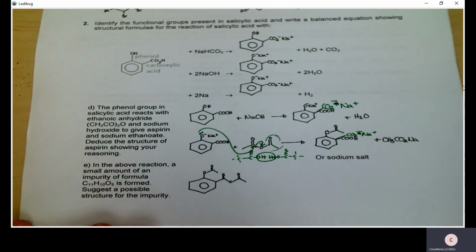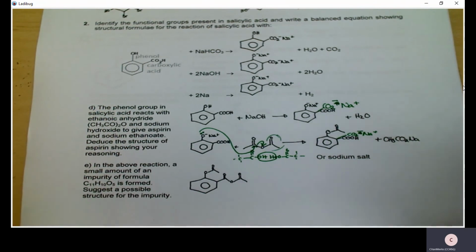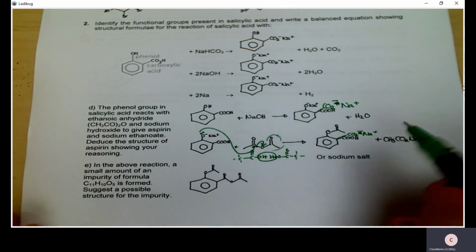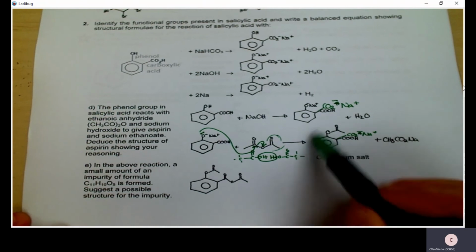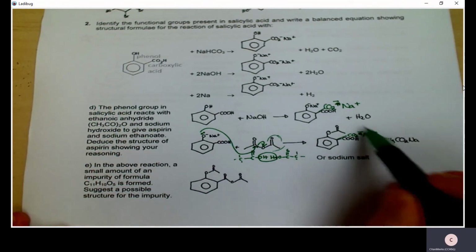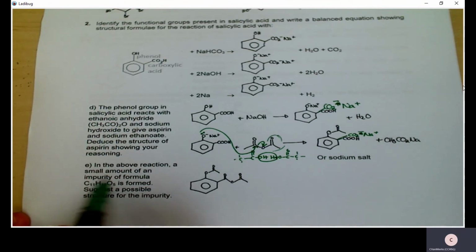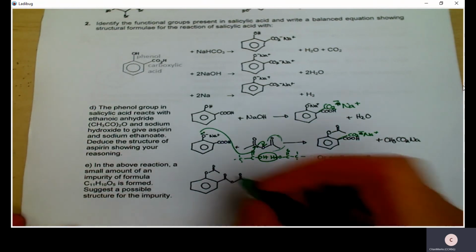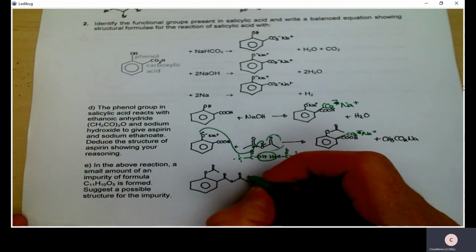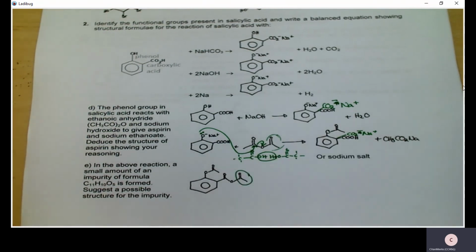So if we compare what we have, we can have a look at our intended product over here, and we can compare that with the molecular formula of the impurity here, and look at what extra has been added on. And if you do that, you will see that the extra chunk is going to be this bit here. Then we need to think about where that has come from.